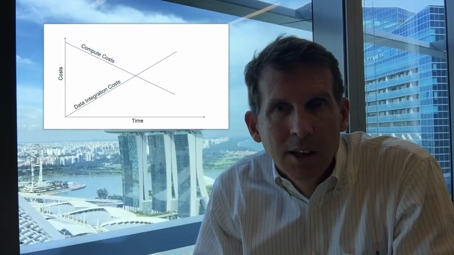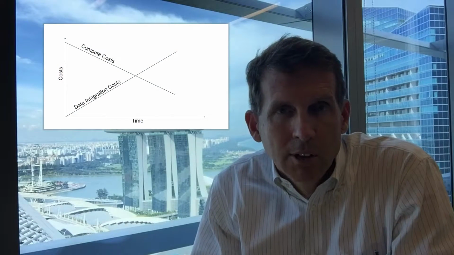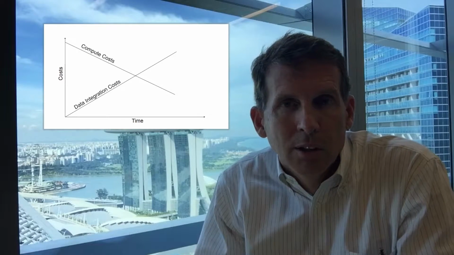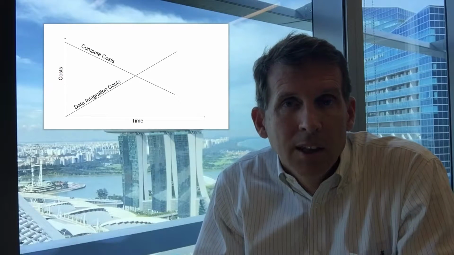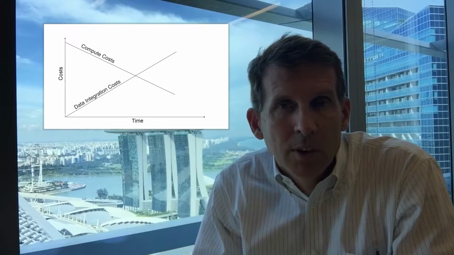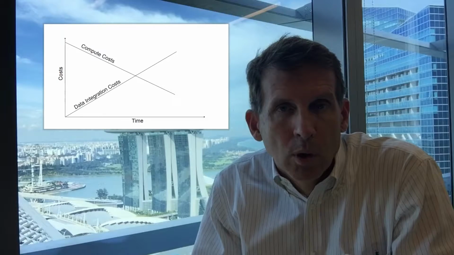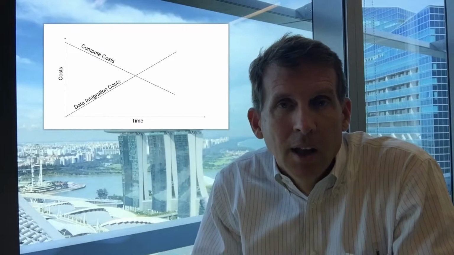There's a graph that I've been thinking about recently that has the cost of computing and the cost of data integration. And over the years, the cost of our computing environments has been reducing dramatically. But the cost of our data integration work continues to climb. At some point, the x-axis on this is going to flip. The data integration work is going to be more expensive than the compute capacity needed for maintaining our data supply chains.